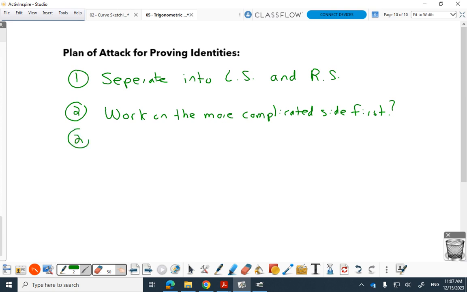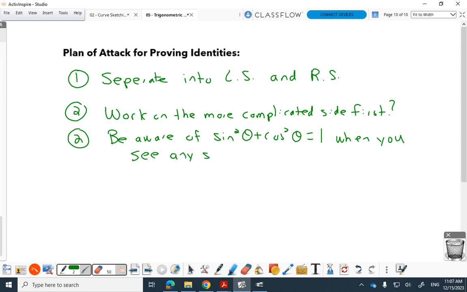2, be aware of sine squared theta plus cos squared theta equals 1, when you see any squared terms.